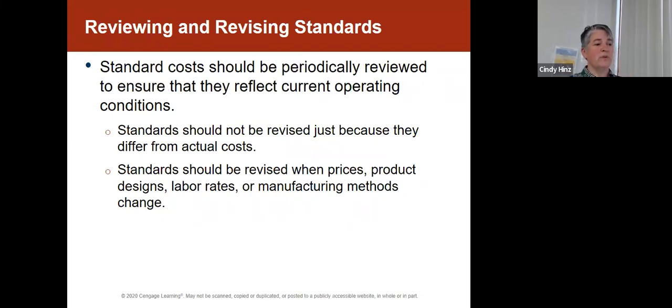How often are we going to review these? Well, at least on an annual basis, as part of the budgeting process, we should be taking a look at our standards to see, do these still make sense? It may be that we have to review those even more often, although when we talked about the concept of a static budget and a flexible budget, if we change our costs mid-year, we have to recognize the impact that might also have on our budgeting process.